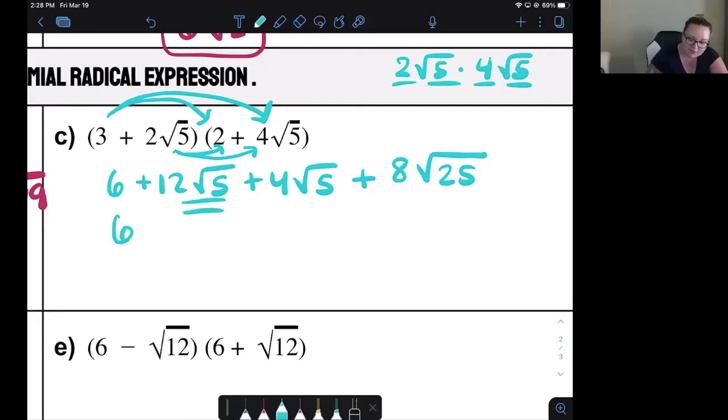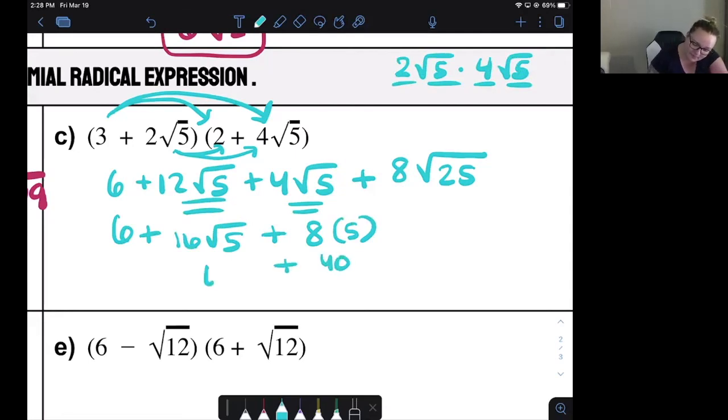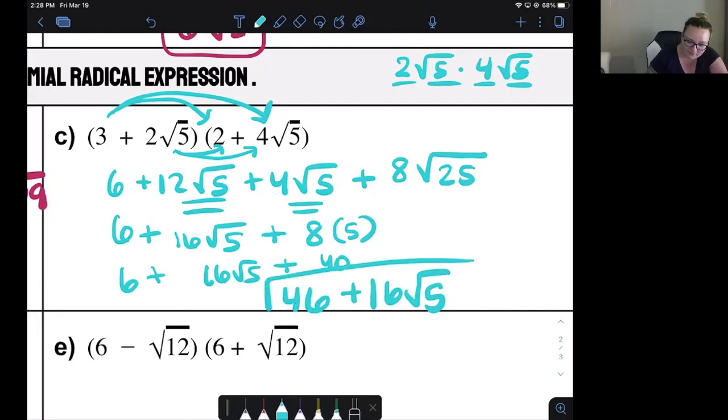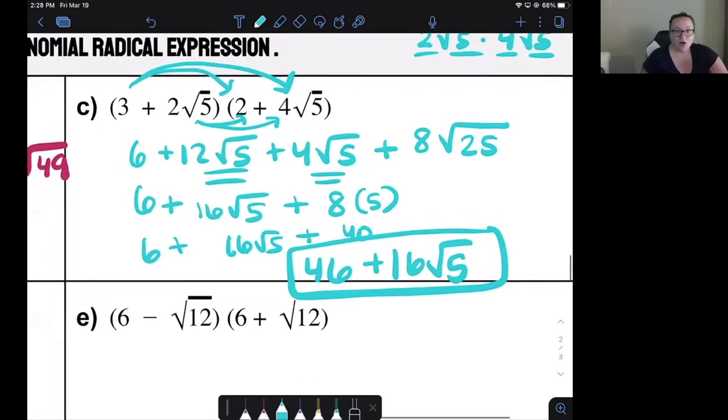So combine your like terms. 12 plus 4 is 16 root 5. 8 times root 25 is the same thing as 8 times 5. 8 times 5 is 40. 6 plus 40 is 46. So 46 plus 16 root 5. Hopefully our answers match.